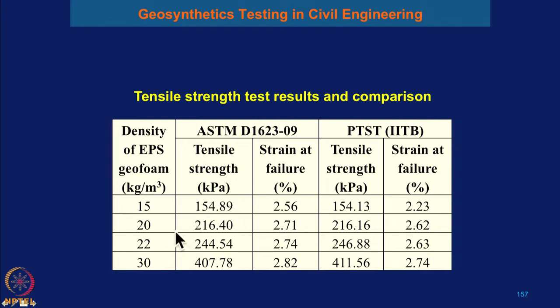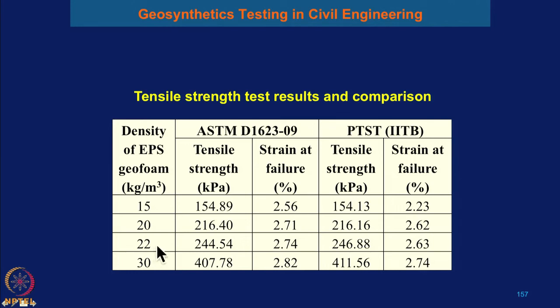Similarly, for the density of EPS geoform 20 kg per meter cube, as per PTST the tensile strength of the EPS geoform is 216.16 and the corresponding strain at failure is 2.62%.